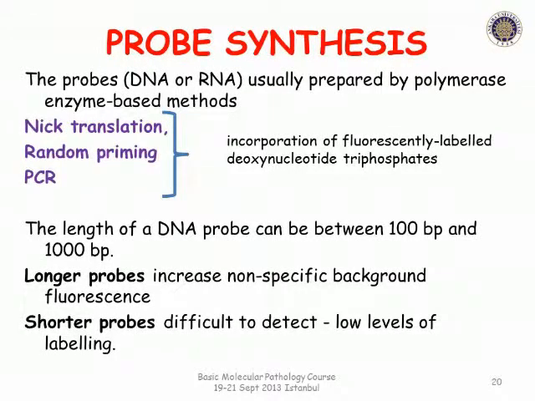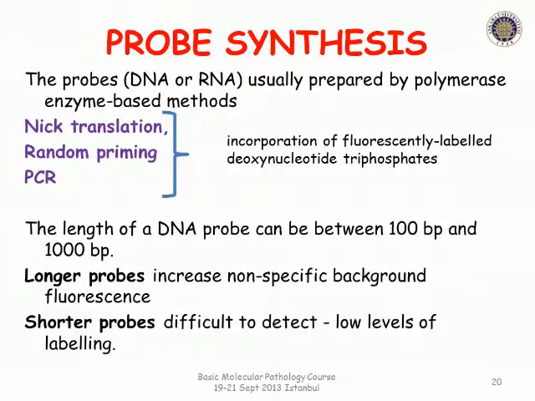As I said, 100 or 1,000 base pair length probes can be used. Longer probes may have some benefit for increasing the signal, but they have the disadvantage of background staining.